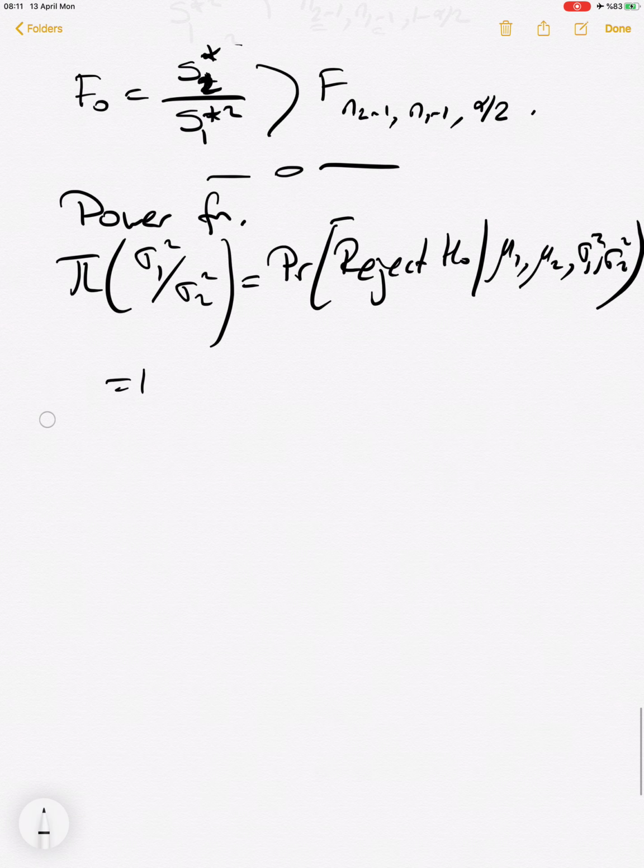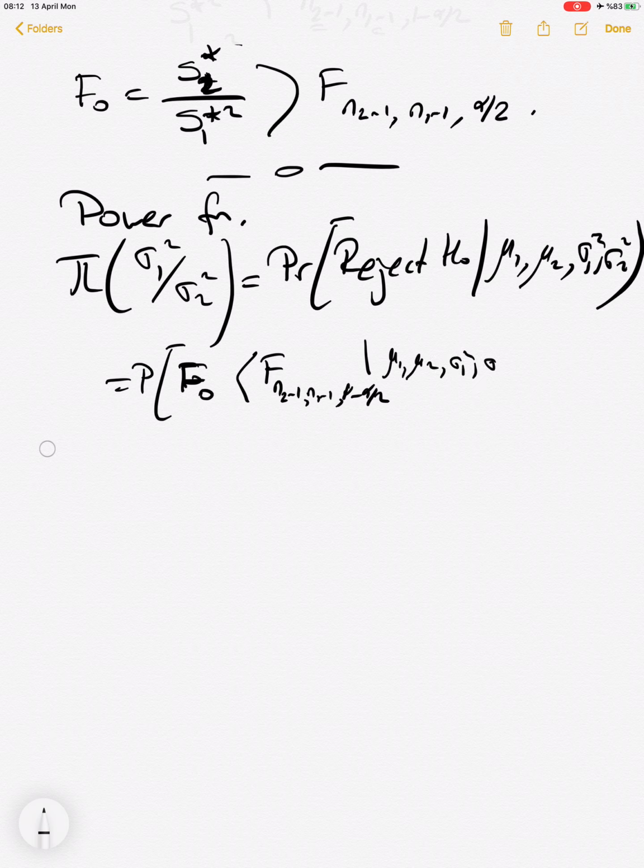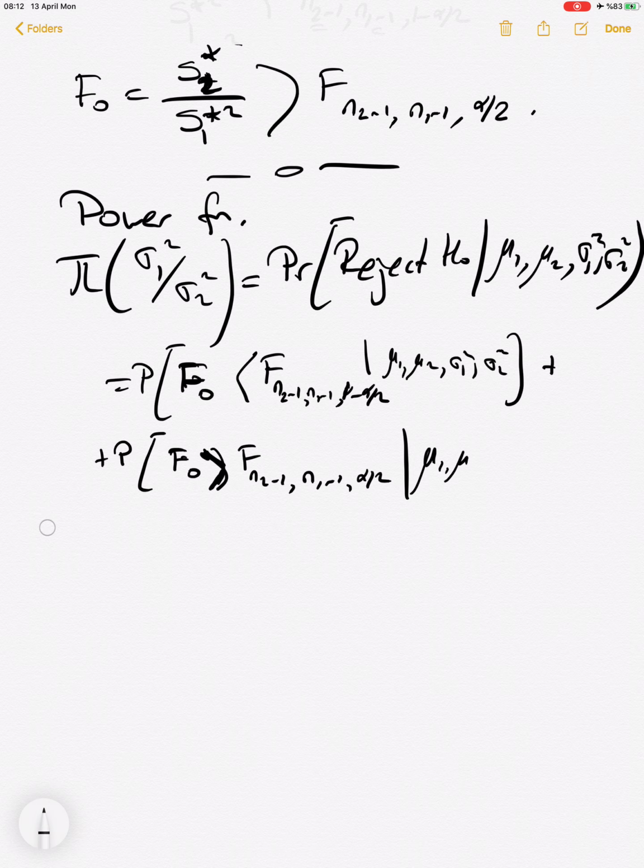Then our test is F0 less than F with 1 minus alpha over 2, given all parameters, plus F0 greater than F with n2 minus 1, n1 minus 1 and alpha over 2, given mu1, mu2, sigma 1 square, sigma 2 square.